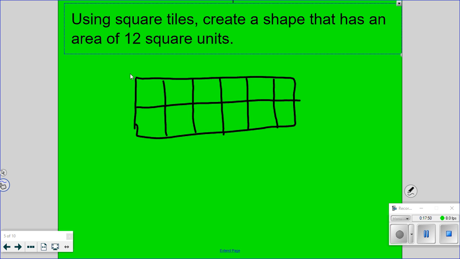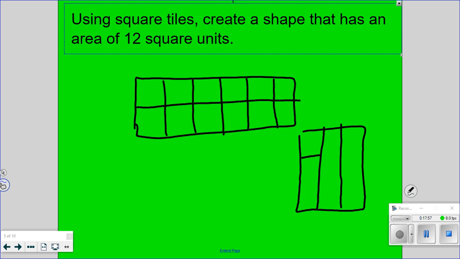I saw shapes that had 3 rows. What is our area of this shape? 12. 12 what? Square units. Square units, that's important. We need to talk about how we were measuring 2 sides, so we need square units.